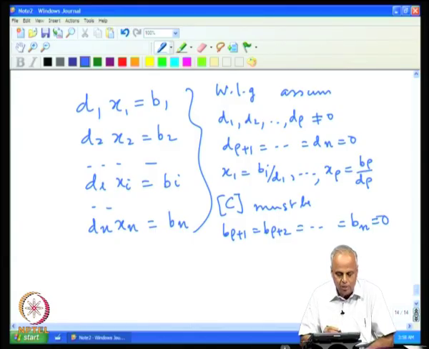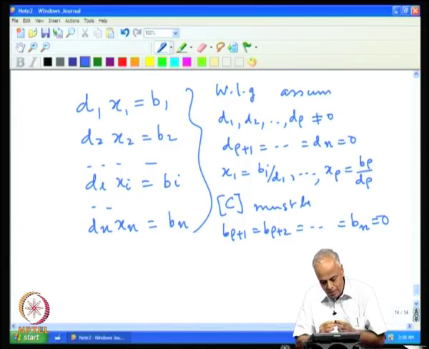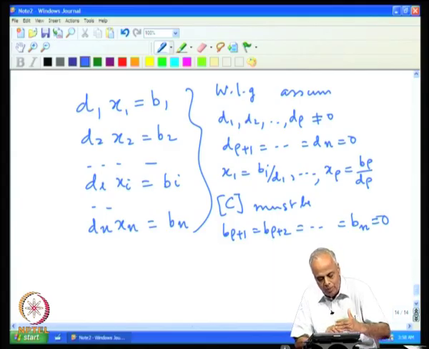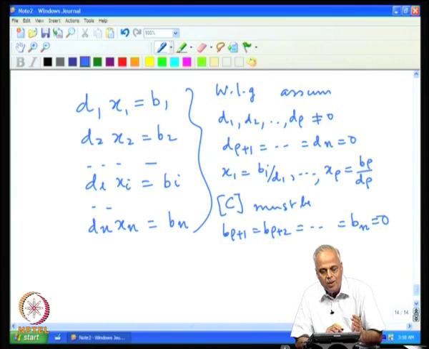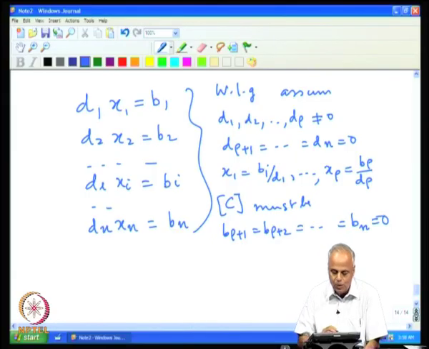So, a system like this will have a solution if and only if whenever there is a 0 on the left hand side, the corresponding b's are also 0. We are assuming that the left hand sides are all 0 from the rho plus 1th equation onwards, and therefore, the b's must all be 0 from the rho plus 1th entry onwards.